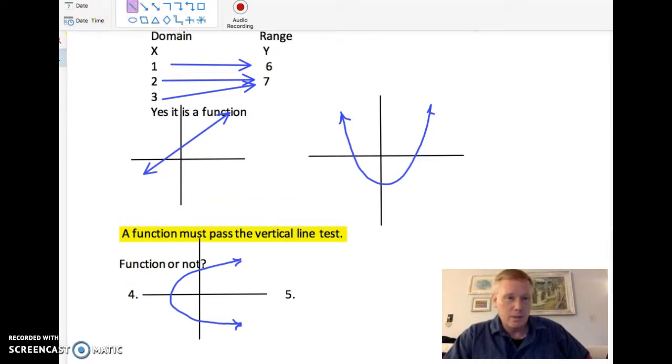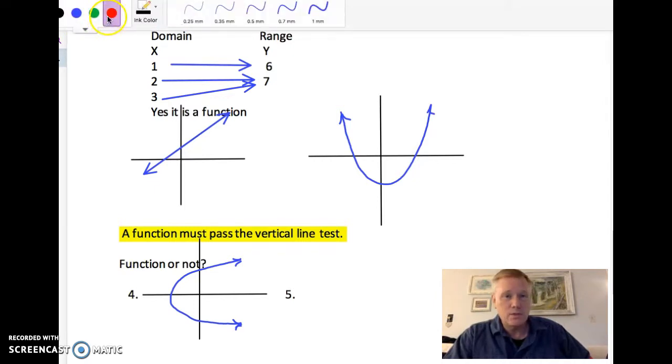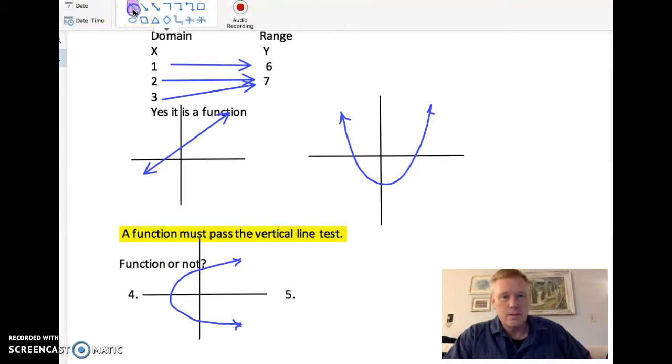If it does hit it in more than one spot, then it's not a function. If it only hits it in one spot, then you're okay. It is a function if it's only one spot.